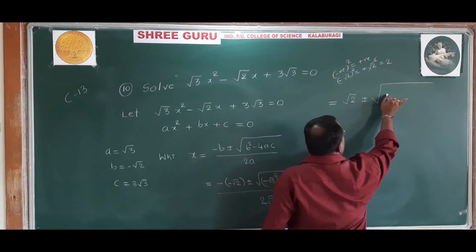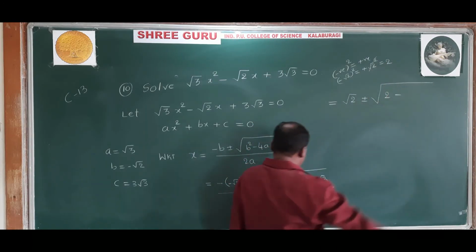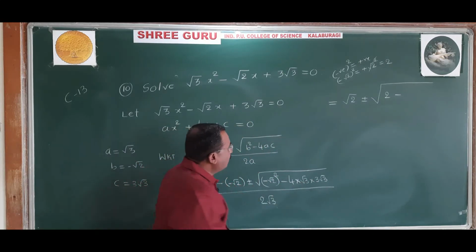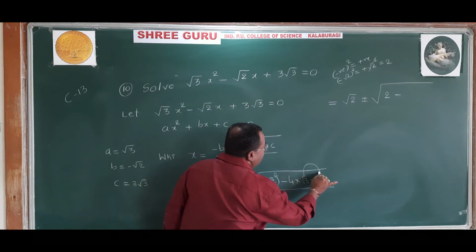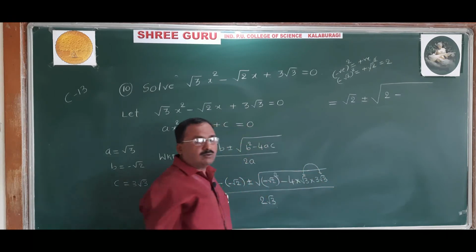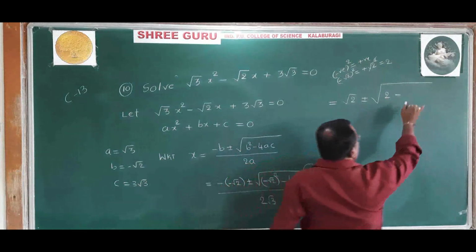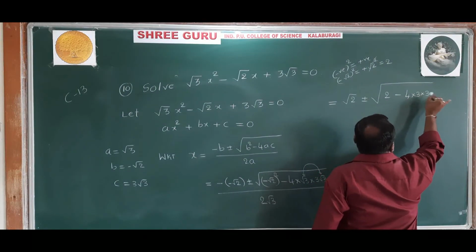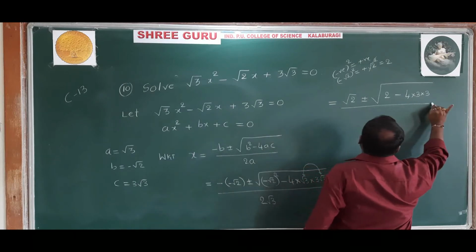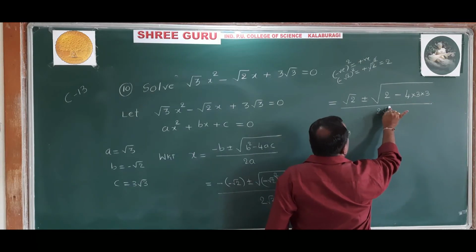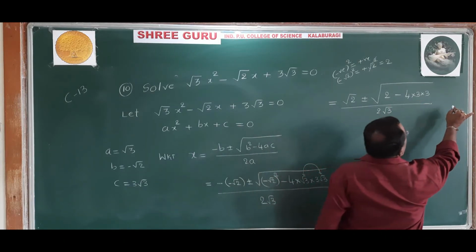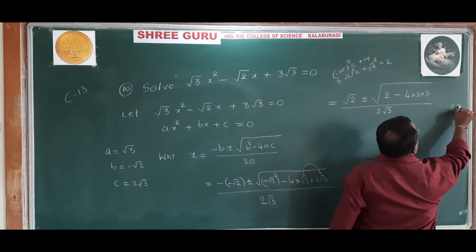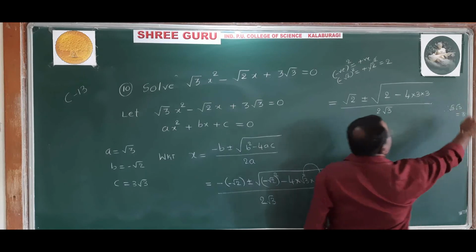Value is what? 2 minus 4 as it is, root 3 root 3. Root 3 root 3 is 3. 4 into 3 into 3, because root 3 square is equal to 3.